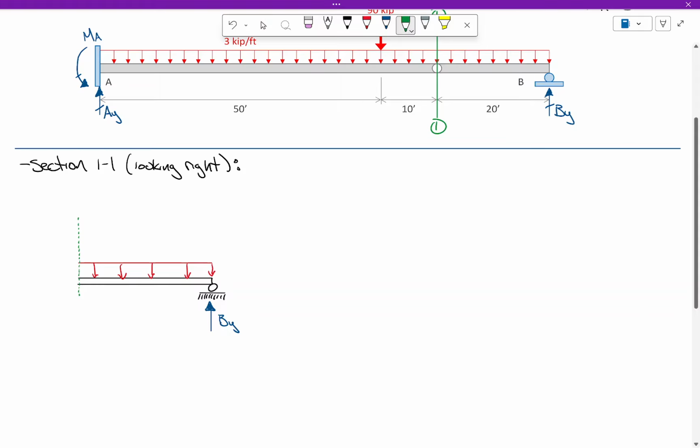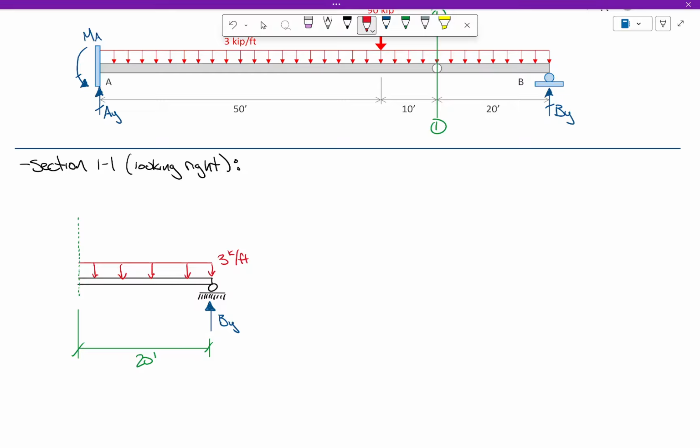This dimension here is 20 feet. That's 20 feet. And then this distributed load was 3 kips per foot. Okay? So there's that.